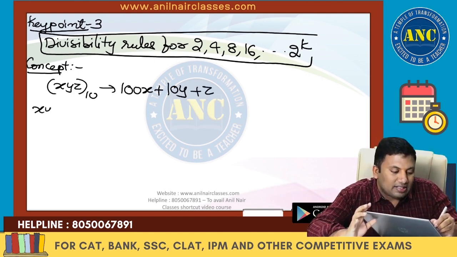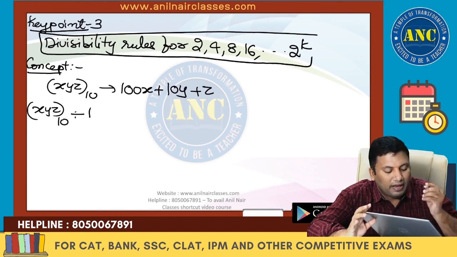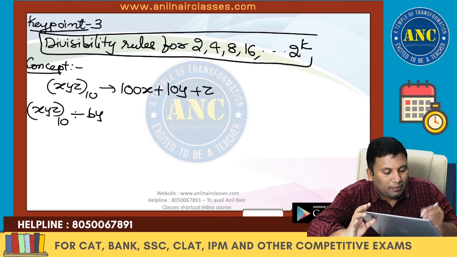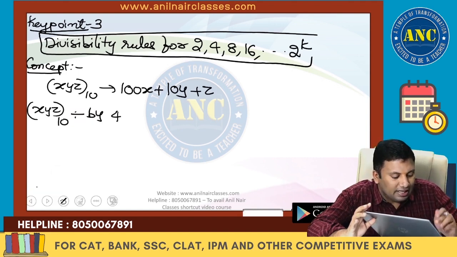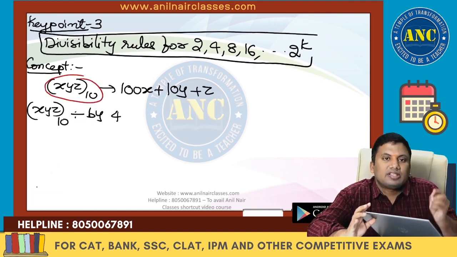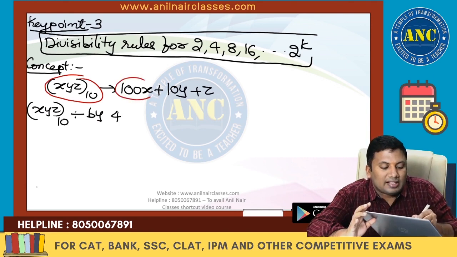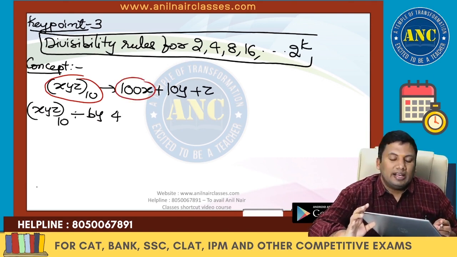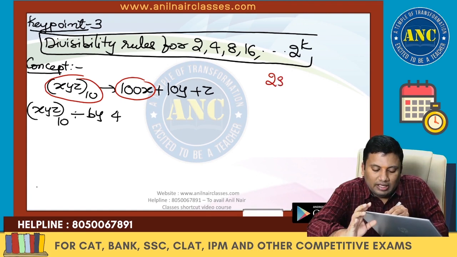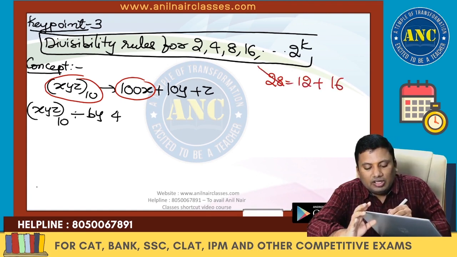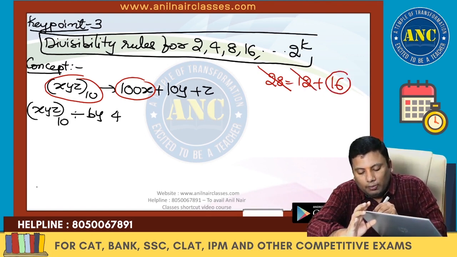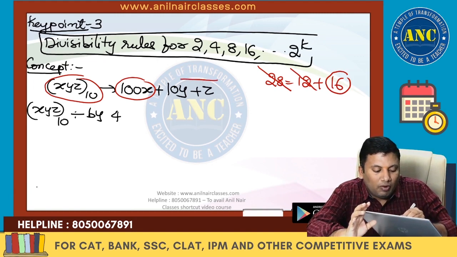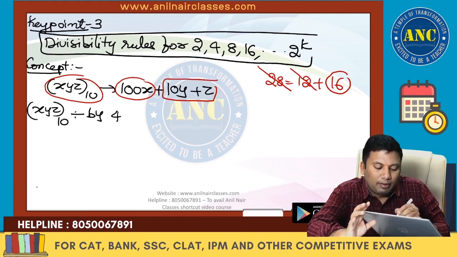If xyz in base system 10 is divisible by 4, then 100x is divisible by 4, because 100 is 4 into 25, just as 28 is nothing but 12 plus 16. So the remaining part, 10y plus z, should be divisible by 4.